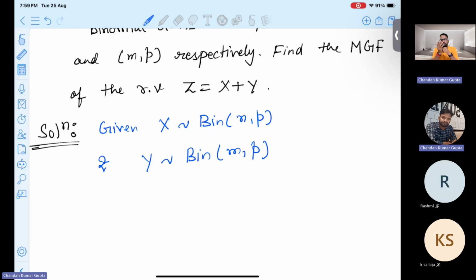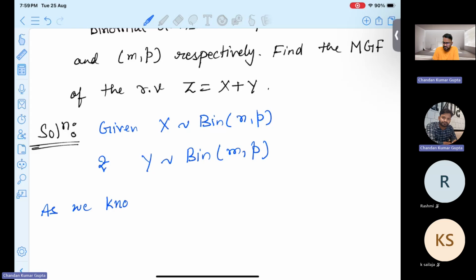Last week we discussed the properties of the binomial variate. Maybe you can remember, if two random variables are independent and have identical probability of success, then we can directly write the distribution of the summation of the two random variables. But as we need to find the MGF, we will use the prior information.